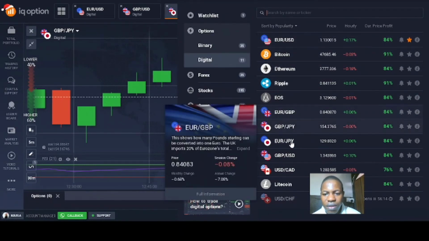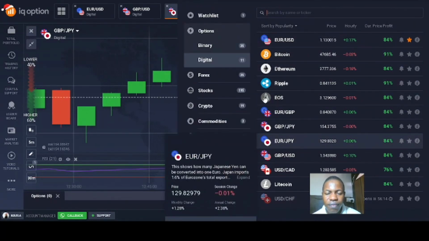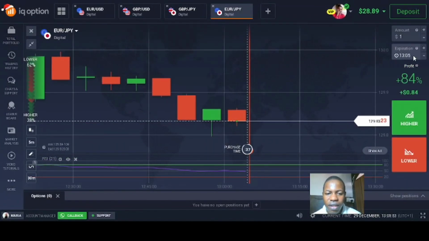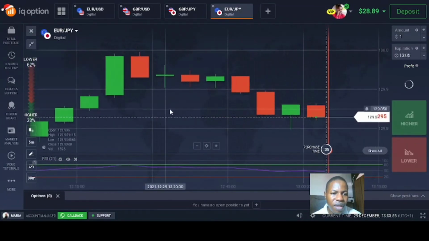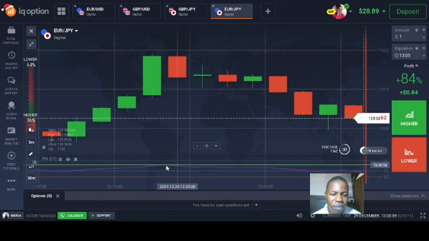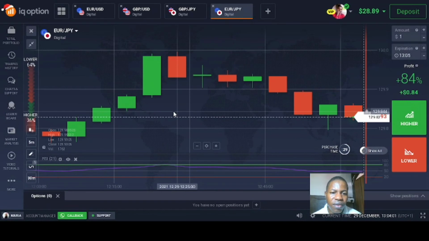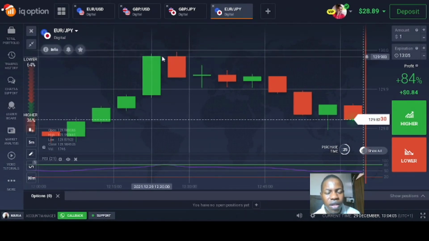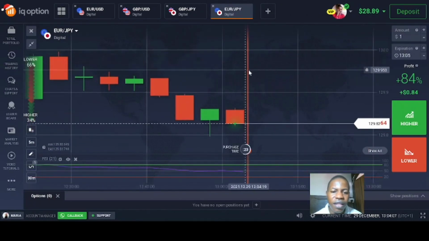And okay, GPY. 5 minutes already, and then we add 5 minutes. You can see for this one it hits overbought and then the candle reverses. So you take a put option here, definitely.